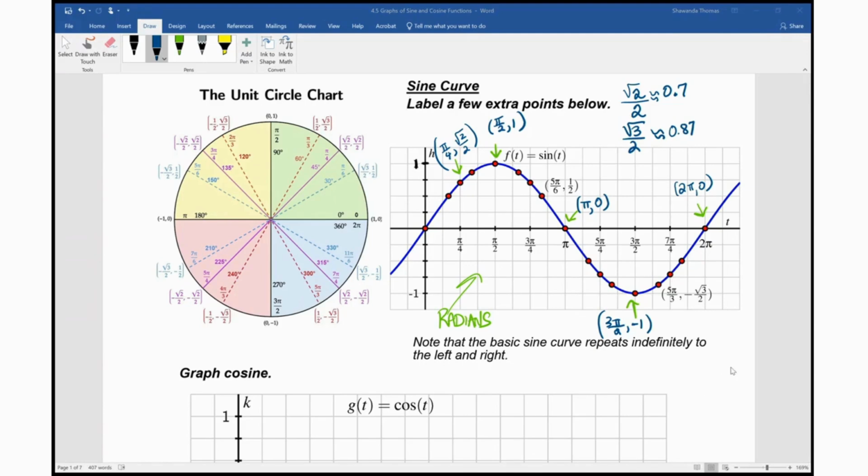Can anyone tell me what an x-intercept is on a graph from pre-calculus, algebra, or Math 100 intermediate algebra? That's where the graph passes the x-axis. Yes. All right. That's where it crosses the x-axis. So what are the x-intercepts then?